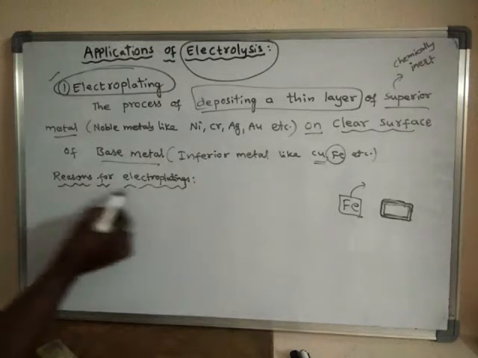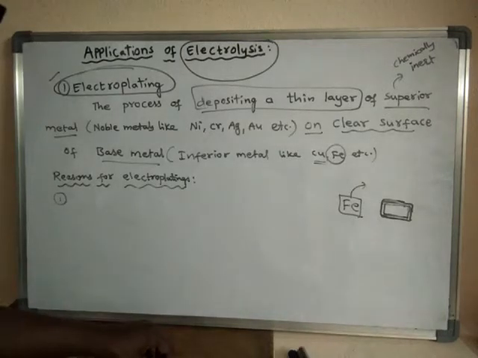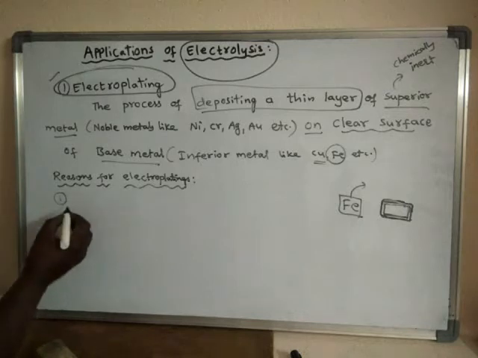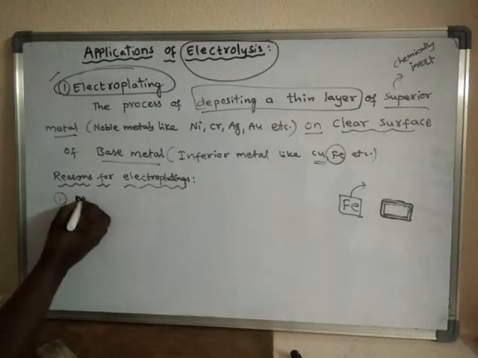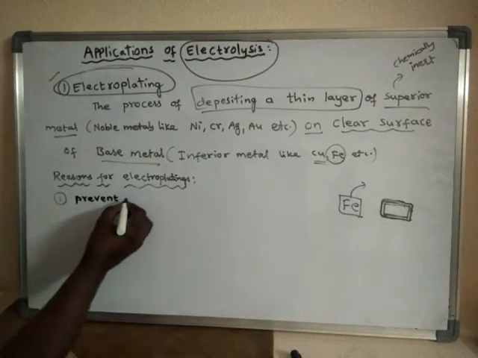Reasons for electroplating. The first reason is that electroplating prevents rusting.